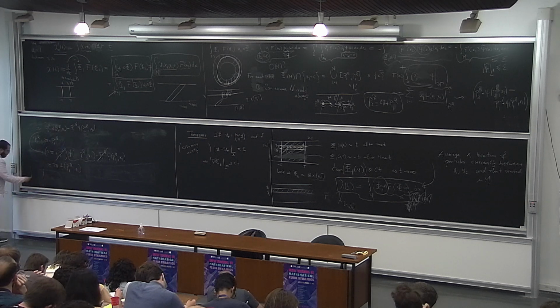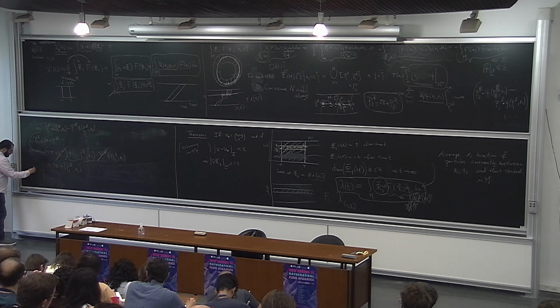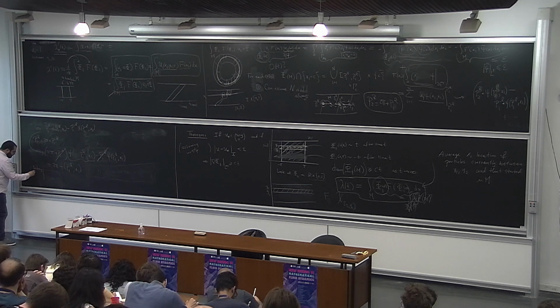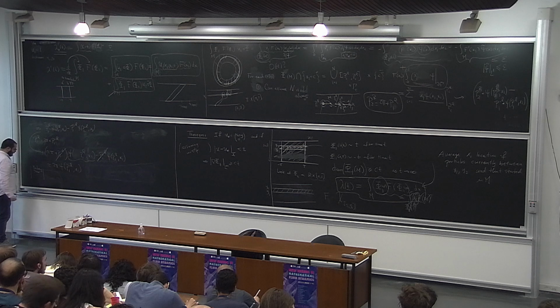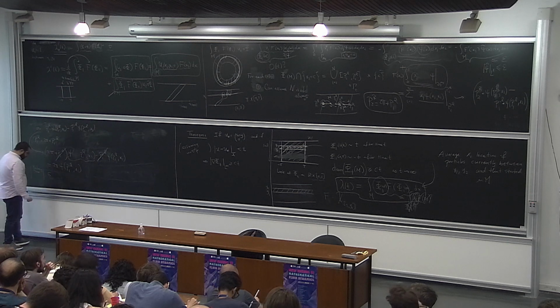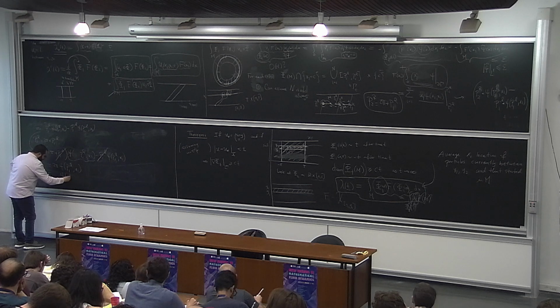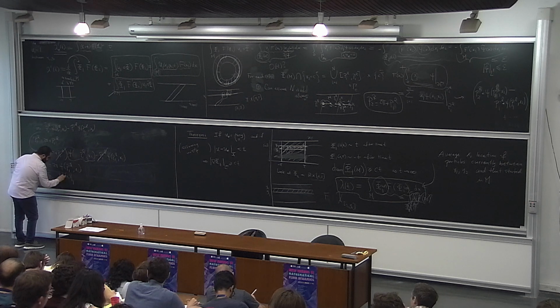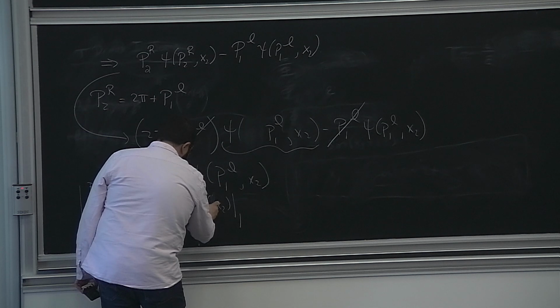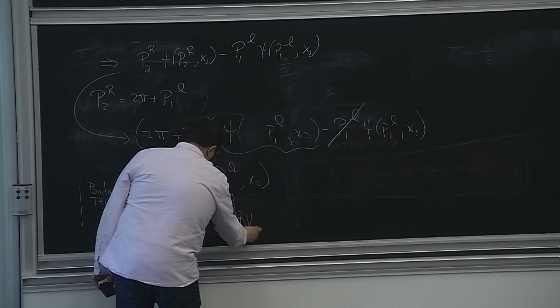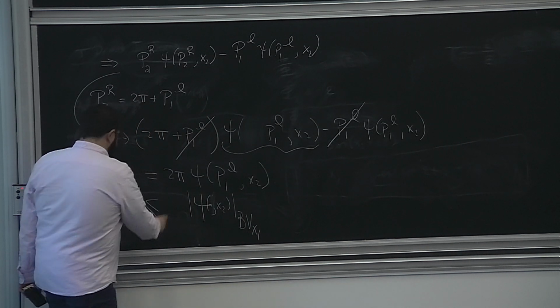That the boundary term I said, so the boundary term is the boundary of psi of x2, BV in x1, times 2 pi.